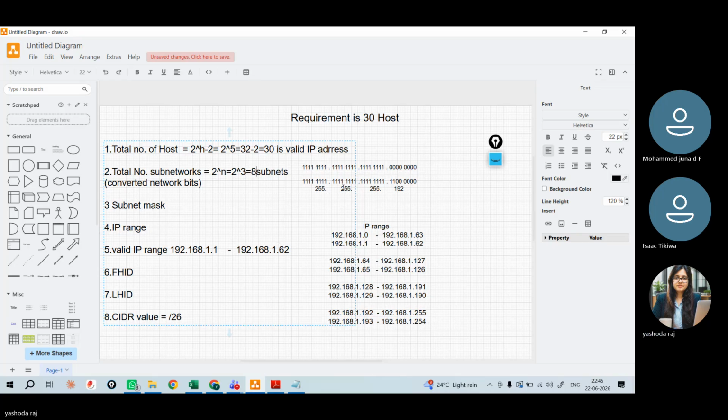Here I should change with 1, so 192 plus 32, that is 224. This is the subnet mask.